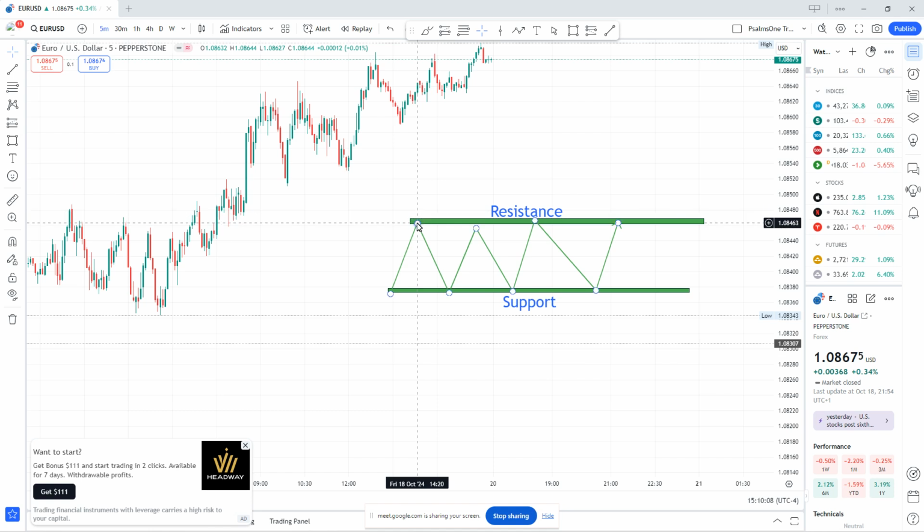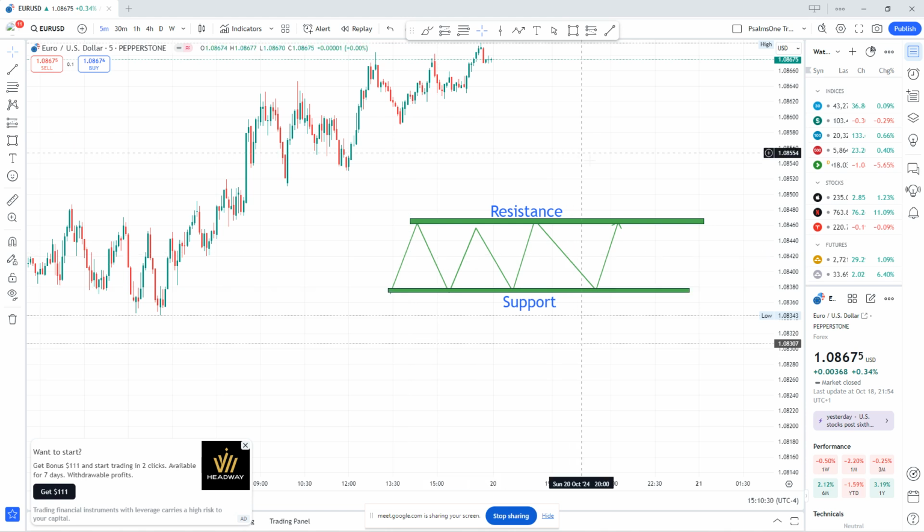Whenever price reaches this level, people are selling. I'm using layman's terms so that it sinks in better. Support is the price where people are buying from.